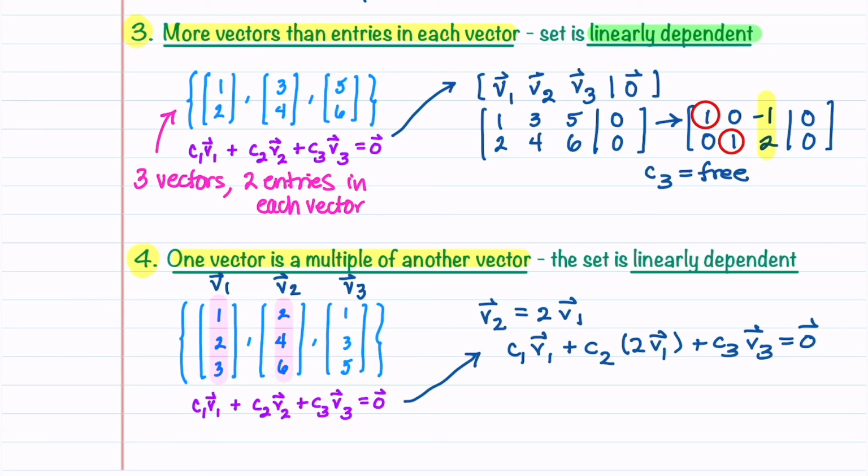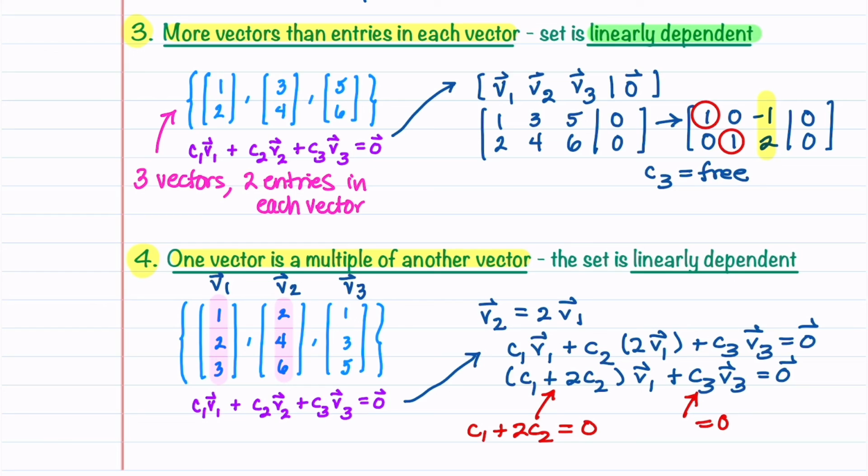Let's combine the constants that multiply v1. We get c1 plus 2c2 times v1 plus c3 v3 is equal to 0. We'll have a solution to this equation if c3 is equal to 0, and then if c1 plus 2c2 is equal to 0.